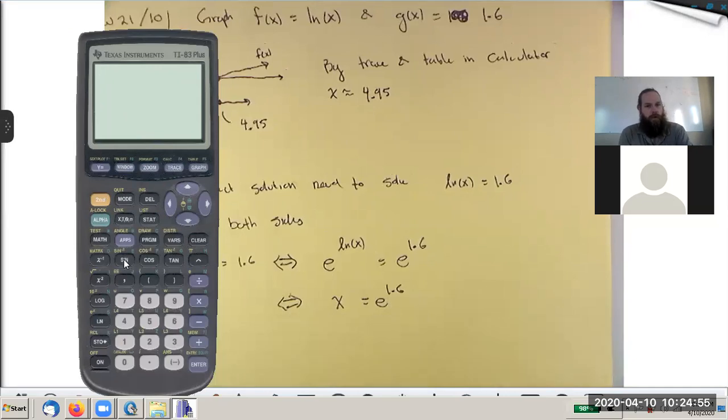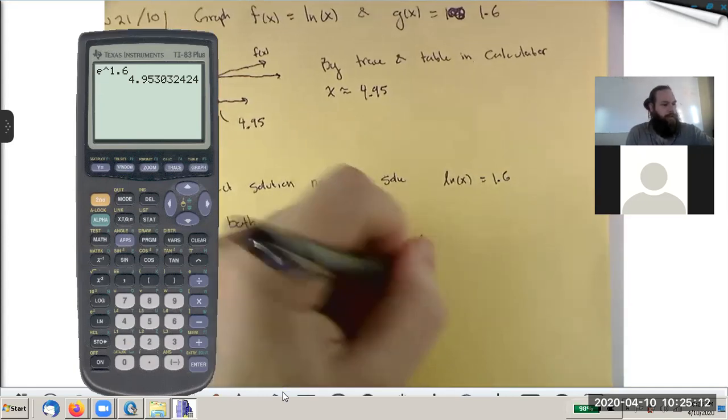So I can come down here, e raised to the 1.6. I get 4.953. So accurate to the first two decimal places, right? This is good.